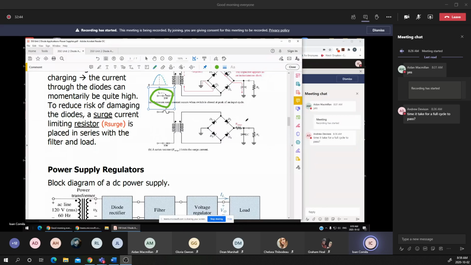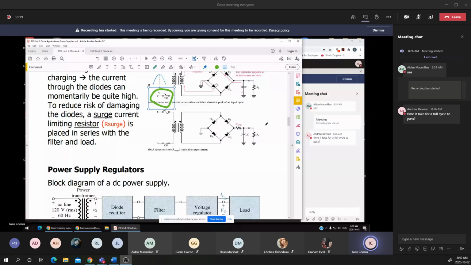After that, when the capacitor is charged, only a small amount of current is required for charging and discharging. This resistance may be anywhere between a few ohms, like 1, 2, 3 ohms, to 10 ohms, sometimes 15. But I would say most of the time it is between 1 and 5 or 1 and 10 ohms.